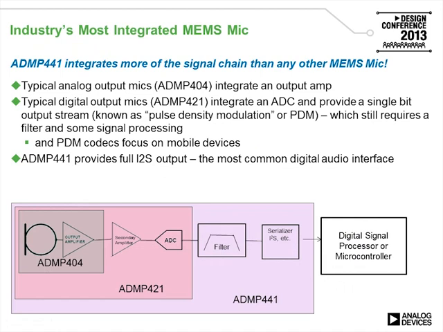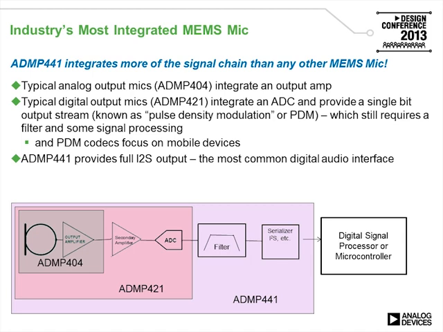Analog Devices makes a range of microphones, ranging all the way from the simplest analog output microphone and up to the ADMP441, which is the world's most integrated digital output microphone to date.